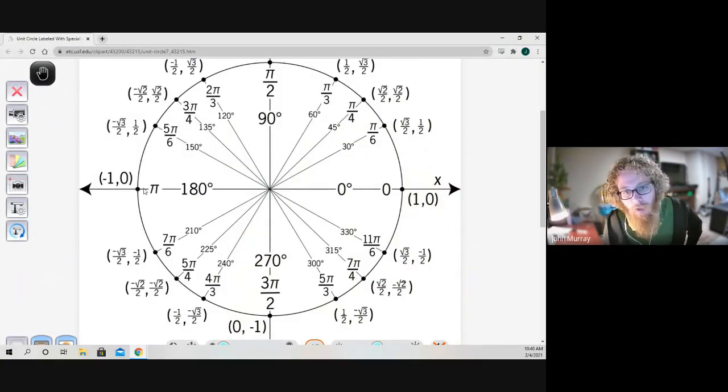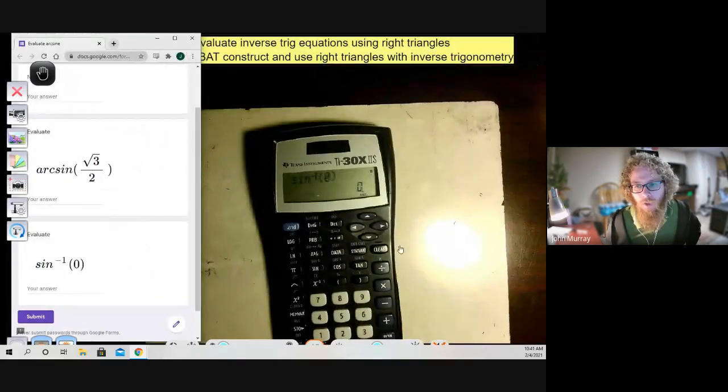Well, it happens twice, but over here, this is outside of my range for arcsine. 180 degrees, I can't get that as an answer. So the only time we have 0 as a y coordinate is at 0 degrees or 0 radians. So that one's 0 no matter what mode you're in.